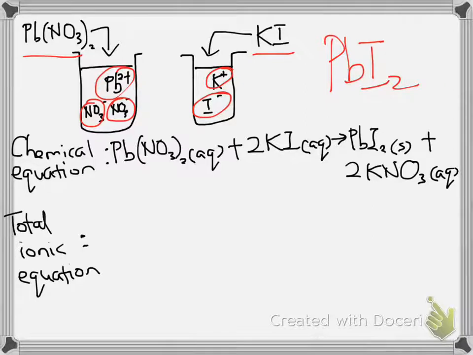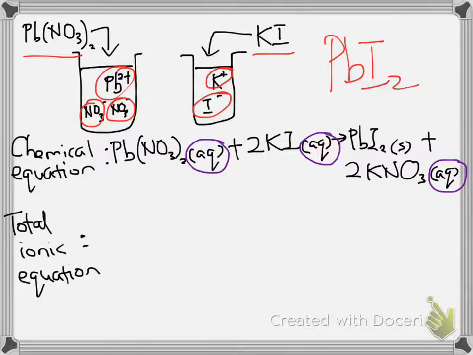We first need to identify all the aqueous compounds in both the reactants as well as the products. So in this case, lead 2 nitrate is aqueous, potassium iodide is aqueous, and potassium nitrate is aqueous.